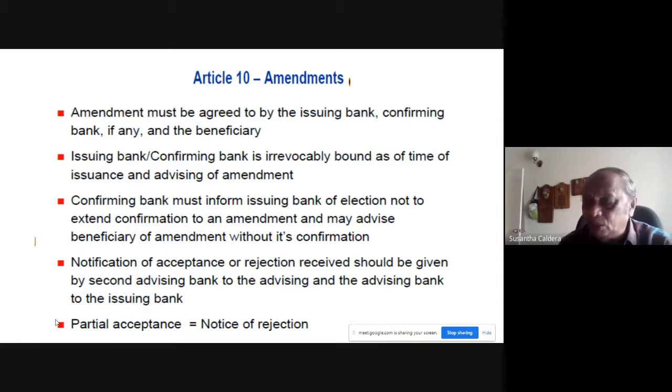So the amendment also goes through the same path, right? Under Article 9(d), the routing of an amendment has to be the same. Under Article 10, we talk about the amendments.